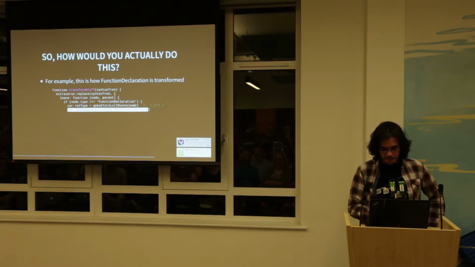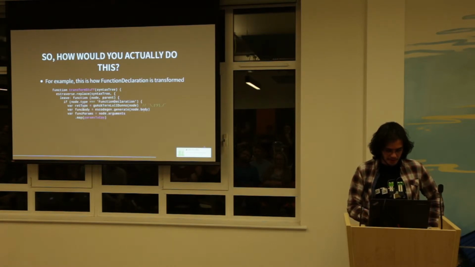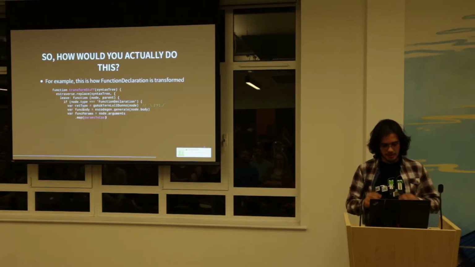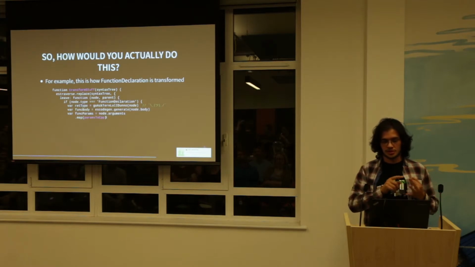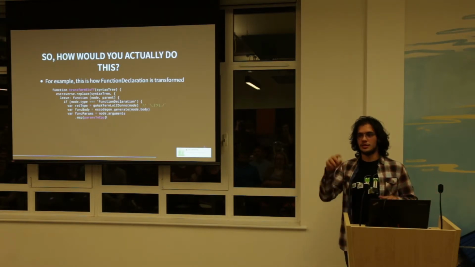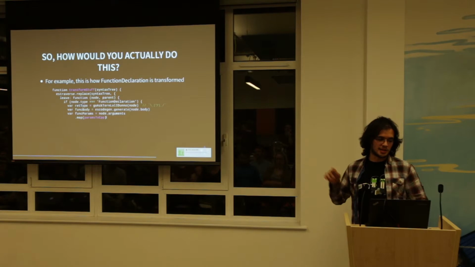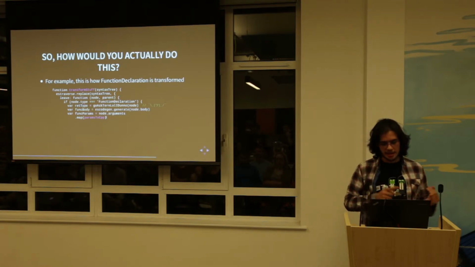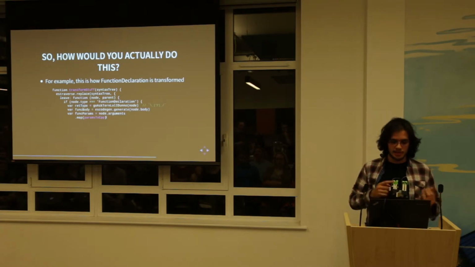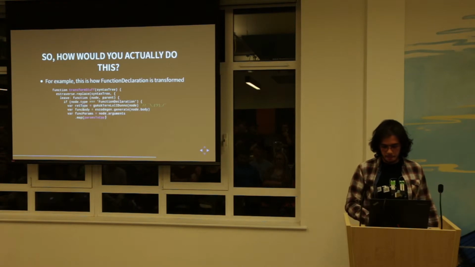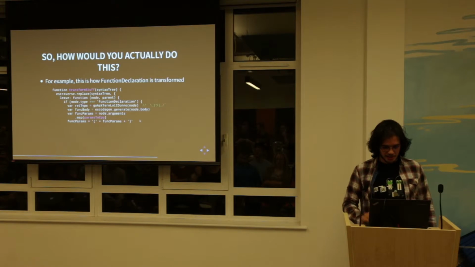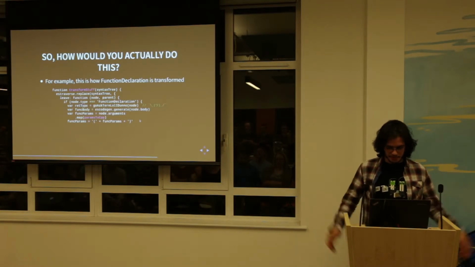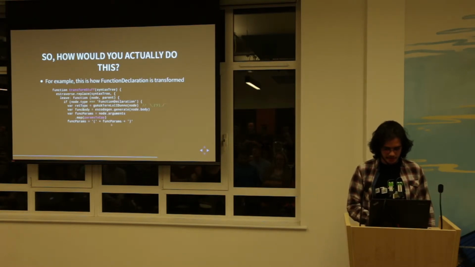Then I transform the body. I turn the parameters one by one. The function parameters, like function AB, return A plus B. I get A, I get B, and I ask the types for those in other places. So I map them. Function parameters are function parameters with parentheses, and then JavaScript joins this into a string with commas and stuff, which is beautiful.